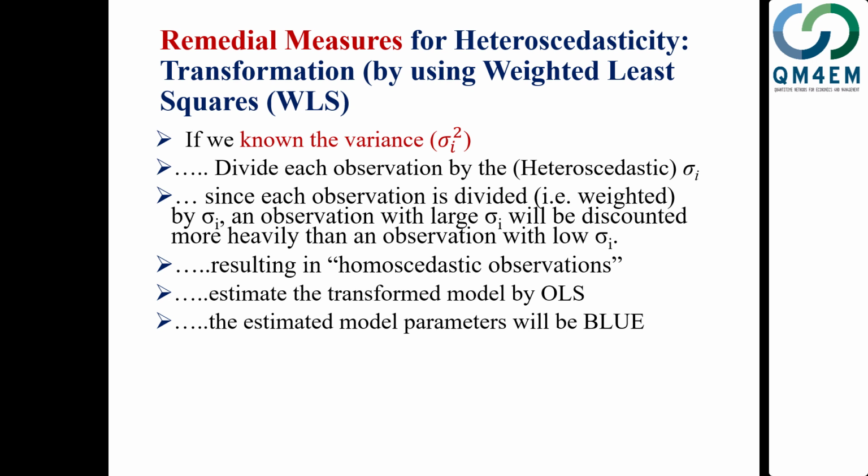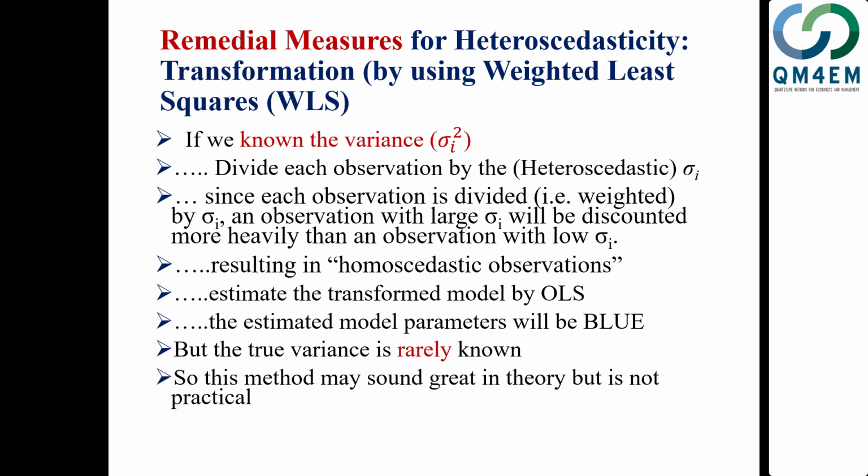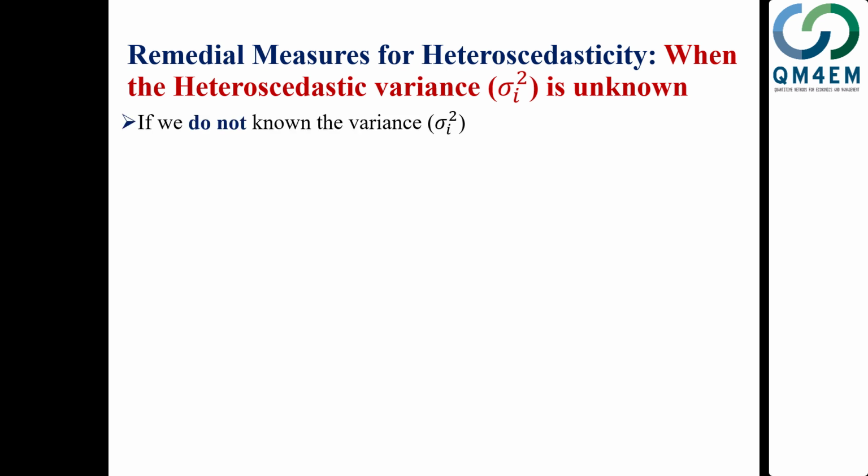However, the problem is that the heteroscedastic variance is hardly known. So this method in principle may sound great, but it doesn't work well because we can't apply it with no variance being available. So the second methods are under the heading of the case when we don't know the variance.